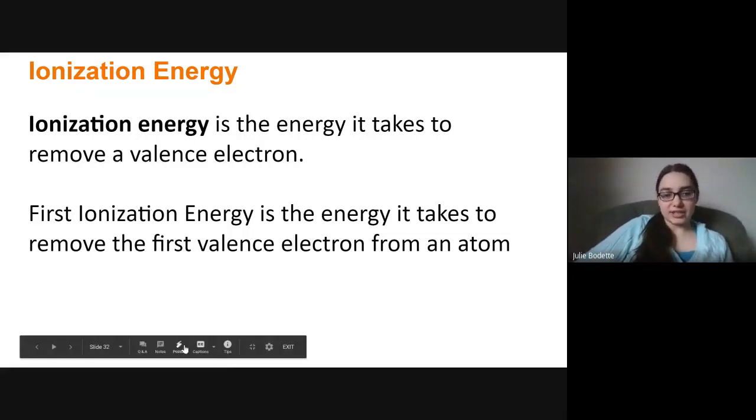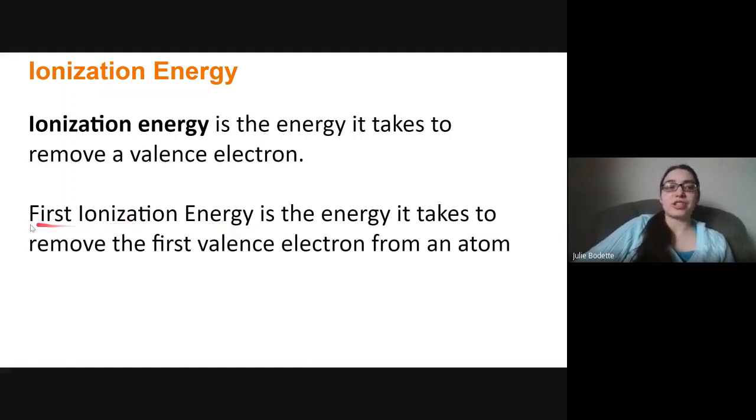So first ionization energy is exactly what it sounds like. It's just the energy to remove the first valence electron. And so when I talk about trends in ionization energy, I'm talking about the first ionization energy. Because to keep it simple, we're just going to compare how much energy it takes to remove the first valence electron from an atom.